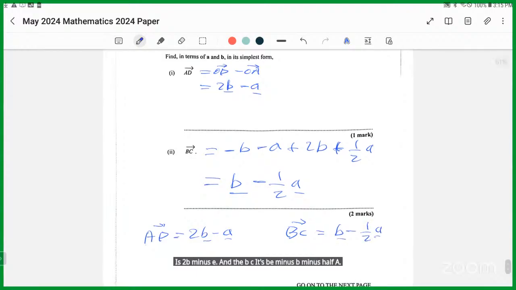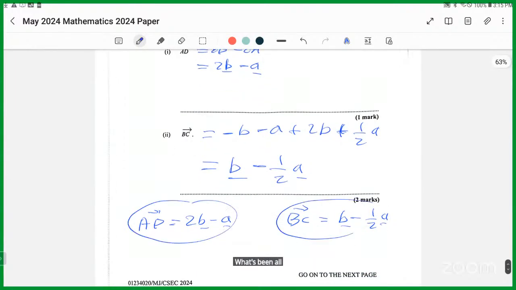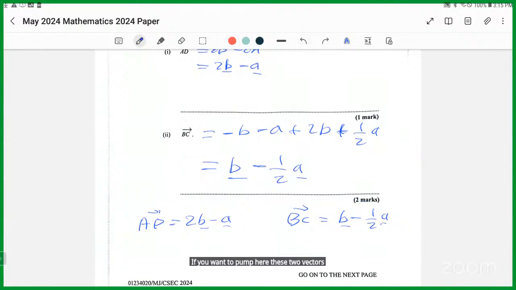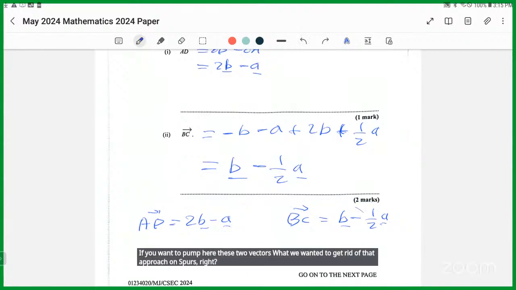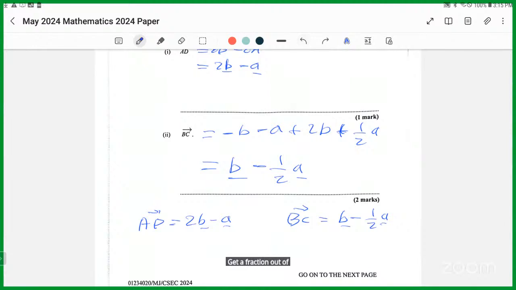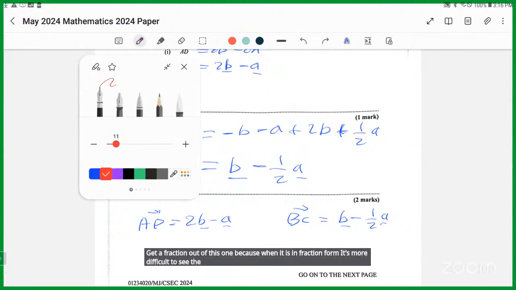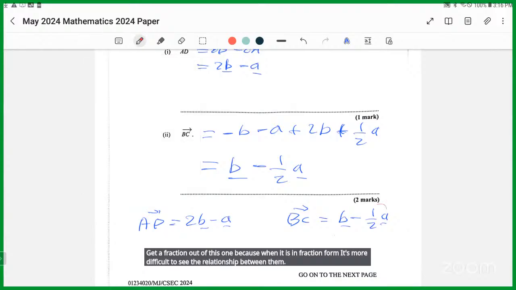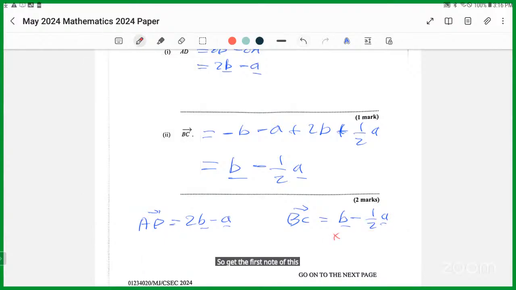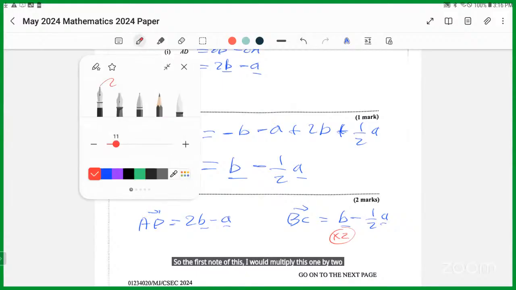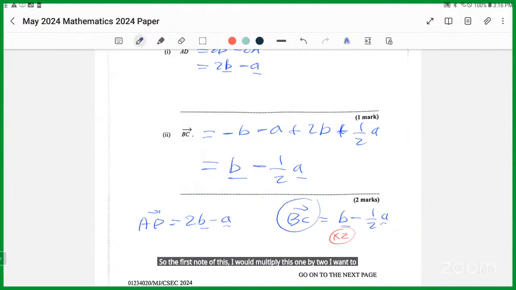Now watch me. If you want to compare these two vectors, what we want to do is get rid of the fractions first, right? Get the fraction out of this one, because when it is in fraction form, it's more difficult to see the relationship between them. So I would multiply this one by 2. When I multiply this one by 2, this will become 2BC.